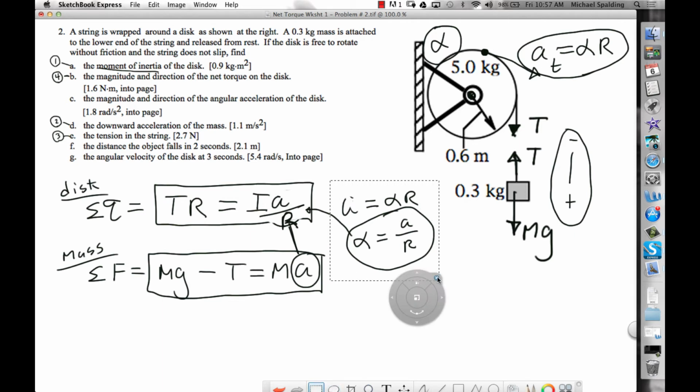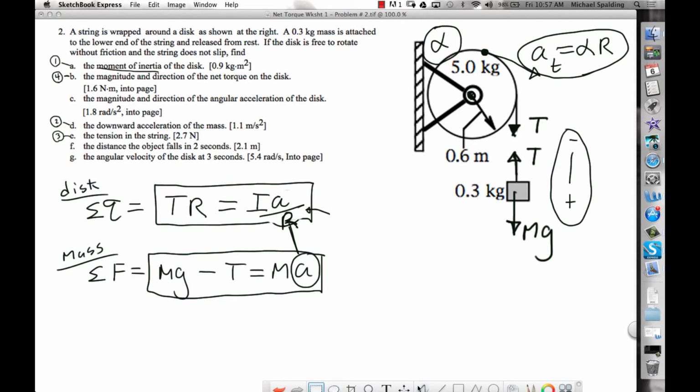It's just two equations, two unknowns. What are the two unknowns? T and A. I'm not going to solve the algebra, you can take two equations and substitute them together. You find that the tension is 2.68 newtons, and the linear acceleration is 1.07 meters per second squared.